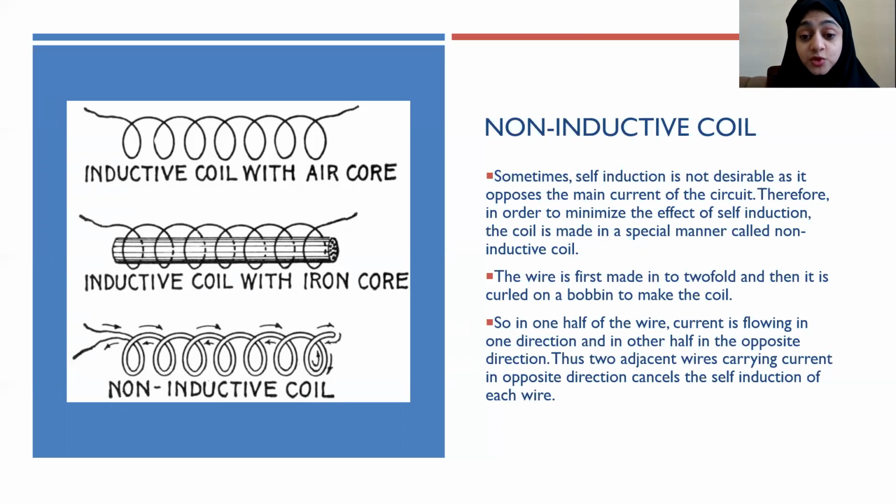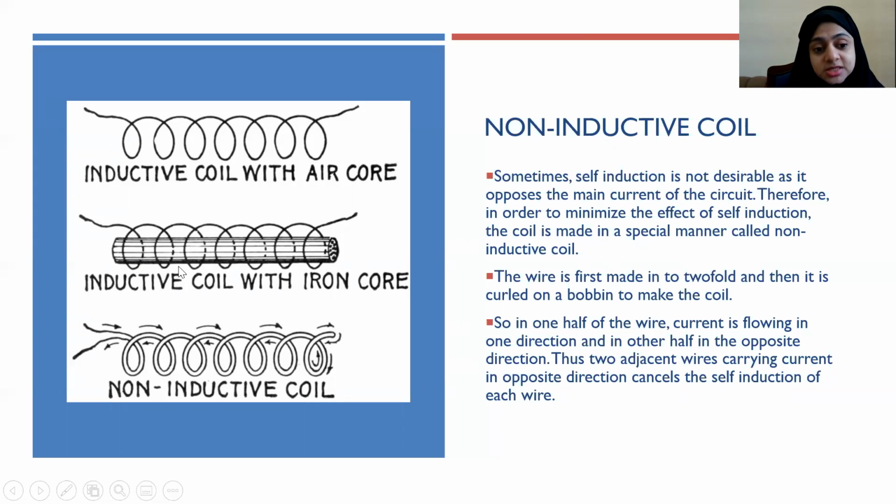desirable. Therefore, in order to minimize the effect of self-induction, the coil is made in a special manner called non-inductive coil. Here, this is made of a single coil of wire. And in order to make the magnetic flux stronger, we may even keep an iron core in between.